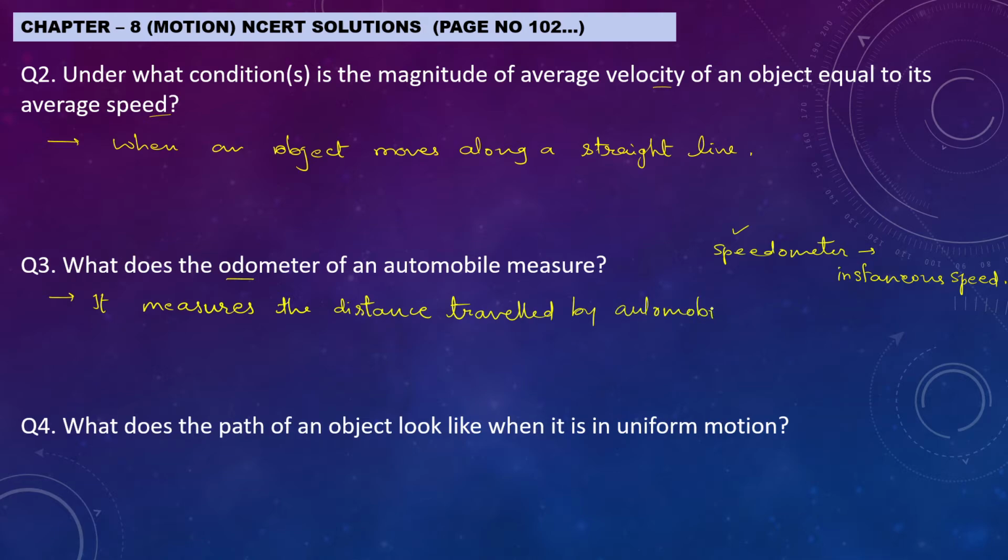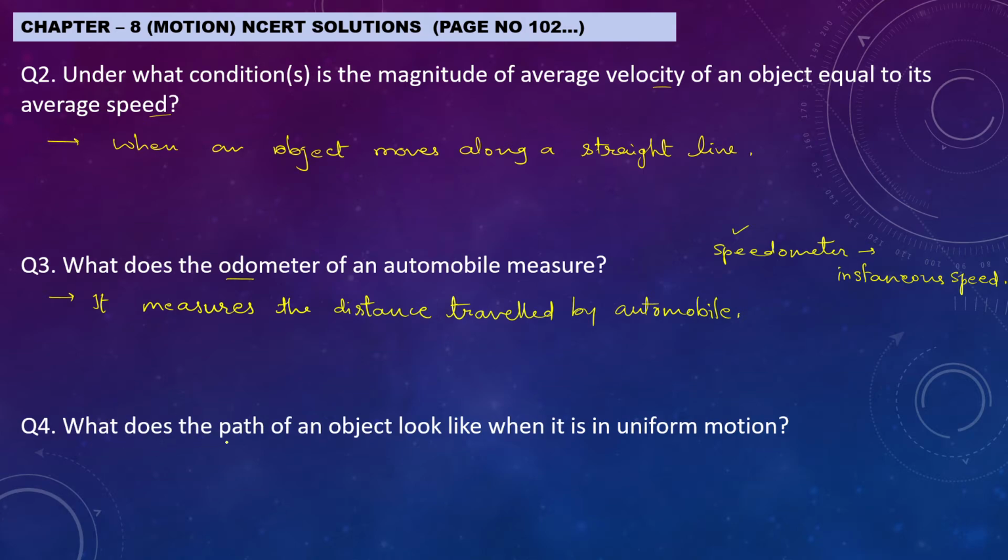You can see in your vehicle, right? In your car, you have two instruments over there, odometer and speedometer. The speedometer tells you the instantaneous speed and odometer tells you how much distance you have traveled.